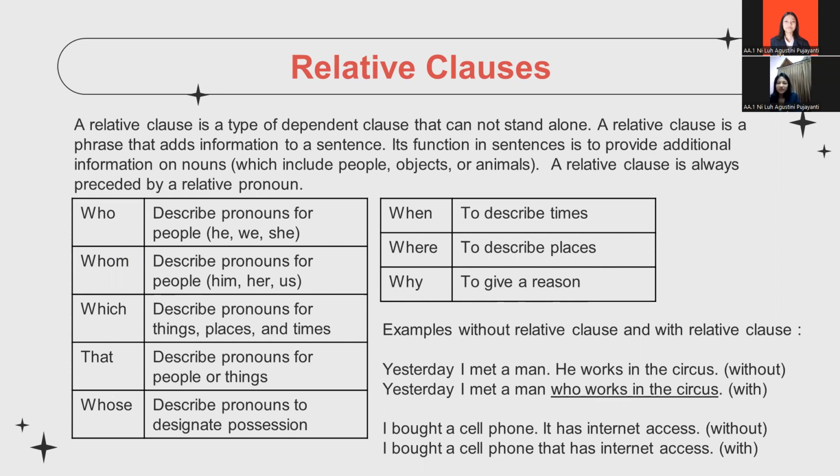Whom describes pronouns for people: him, her, and us. Which describes pronouns for things, places, and times. That is for people or things. And the last, whose, describes pronouns to designate position.